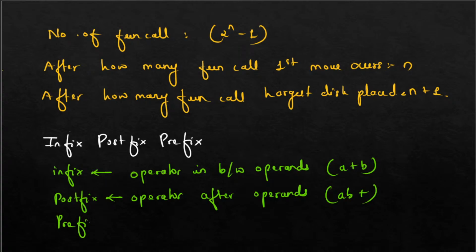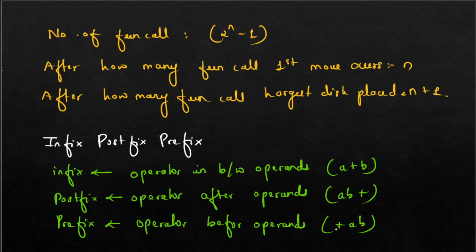And what is prefix? This is operator before operands, which is plus AB. So this is the example, and from this I have denoted like this.